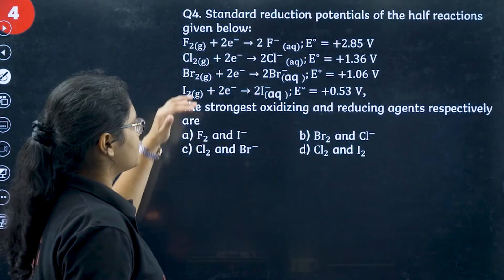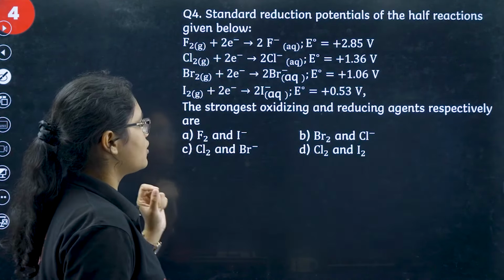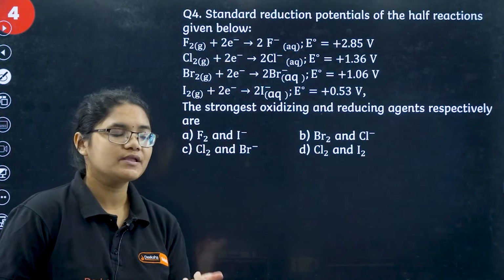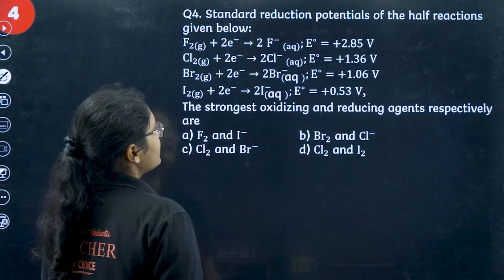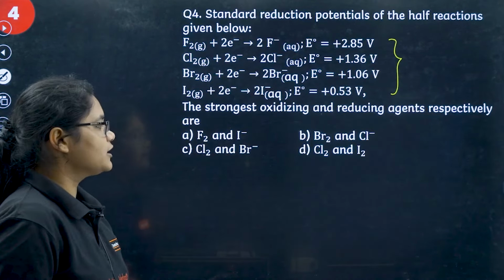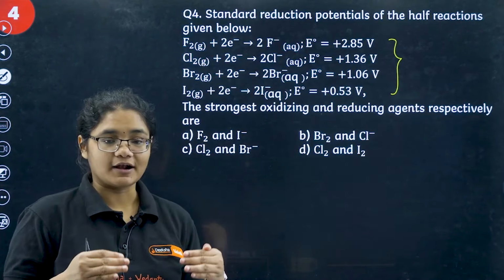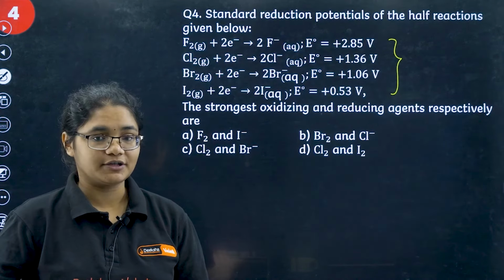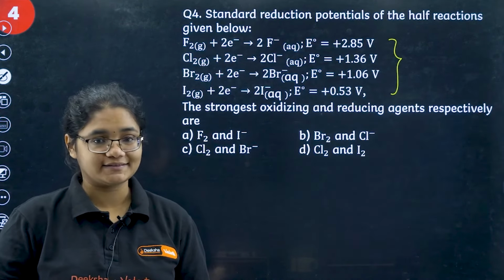Next, the standard reduction potentials are given. The strongest oxidizing and reducing agent respectively are. So you see that reduction potentials are given, right? Reduction potential means they are themselves undergoing reduction. If they are undergoing reduction, they will behave as an oxidizing agent.